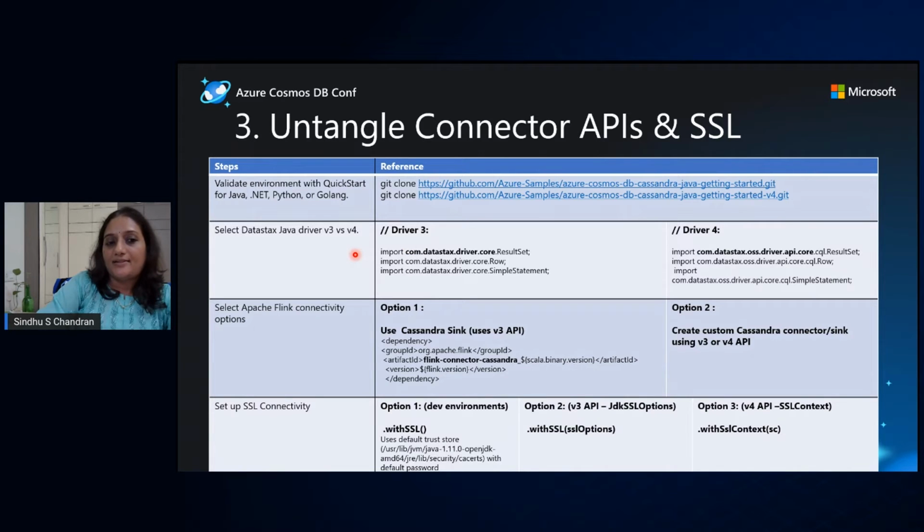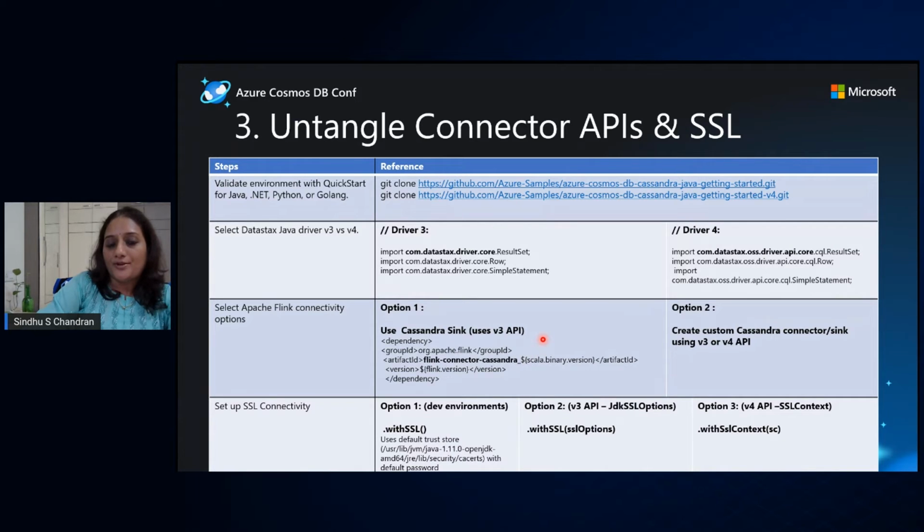And as I said, there are these multiple options that DataStax Java drivers have in terms of v3 versus v4. And Apache Flink, again, supports multiple programming languages. So it supports Java, Scala, Python, and SQL. And in the case of Kirana Cube, they were primarily on a Java stack, and they already use this particular Cassandra sink or connector that comes with Apache Flink called Flink Connector Cassandra.